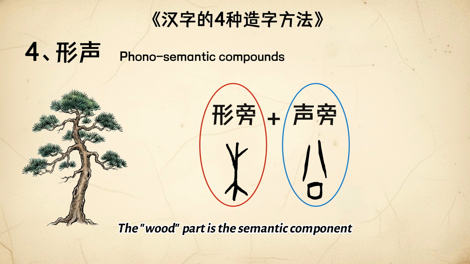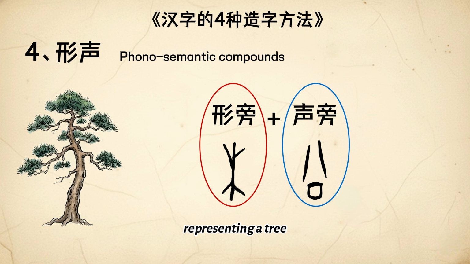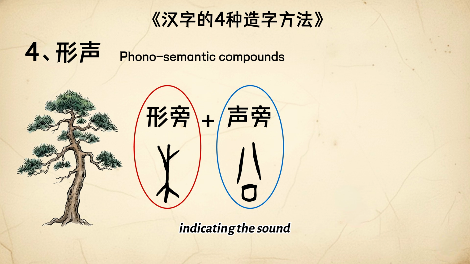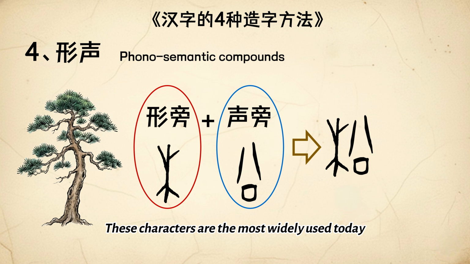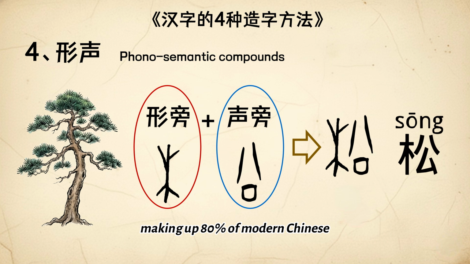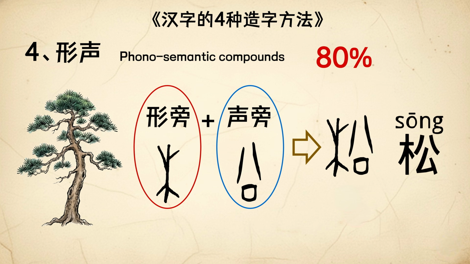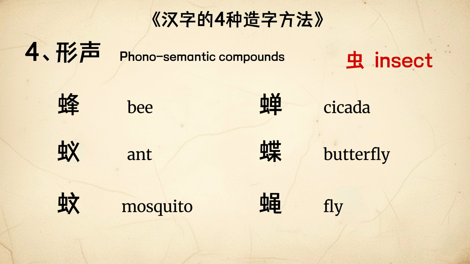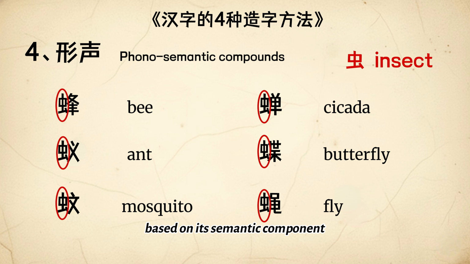The wood part is the semantic component, representing the tree, while gong is the phonetic component, indicating the sound. These characters are the most widely used today, making up 80% of modern Chinese. This is a very convenient feature of the Chinese language. You can often guess a character's category based on its semantic component. For example, when you see the insect radical, you immediately know the word is describing an insect.